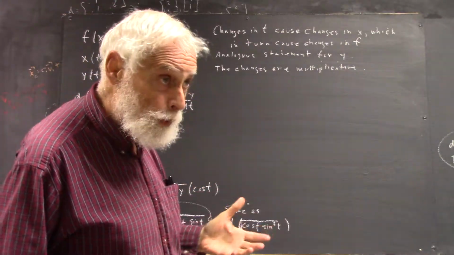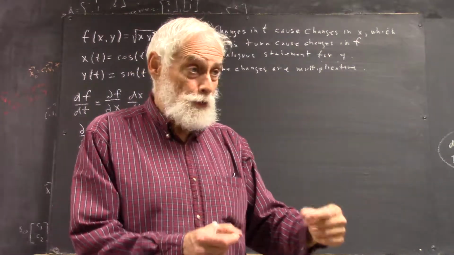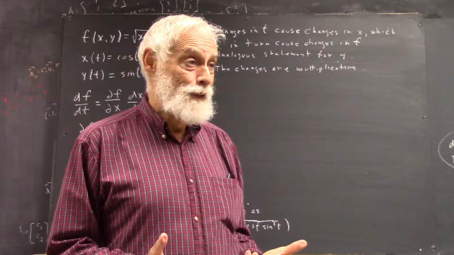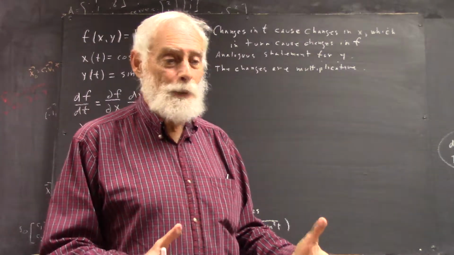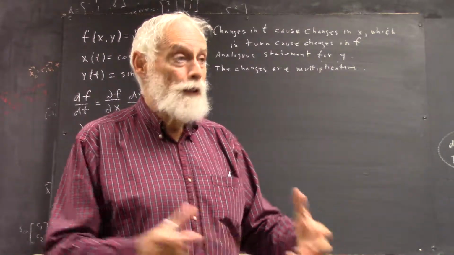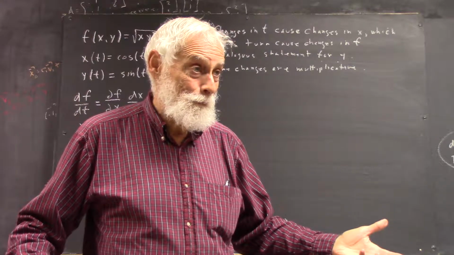When you got a function of one variable, an f of g of x, if x changes, that changes the value of g of x. Well, the changing value of g of x makes f in turn change, right? And you multiply those changes. That's all the chain rule is saying. Okay?